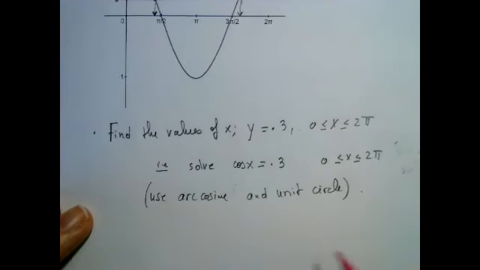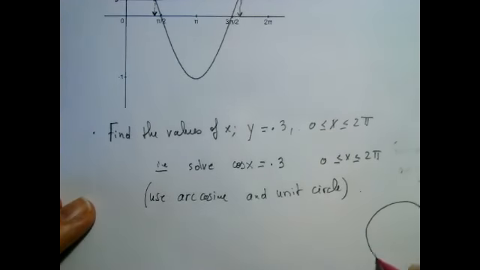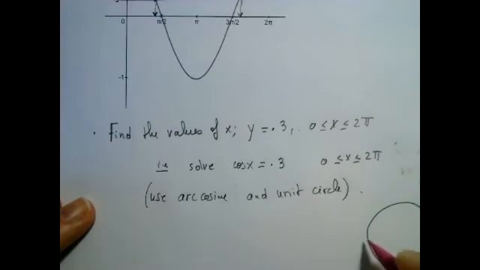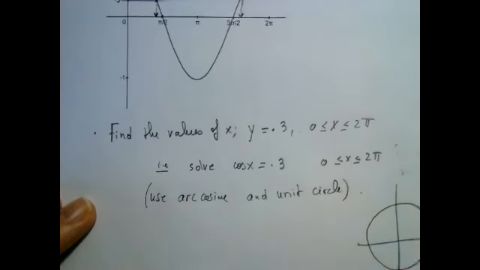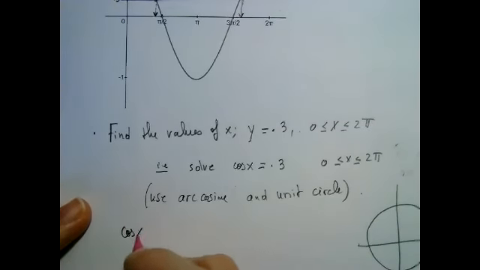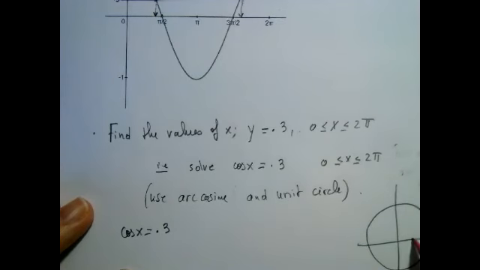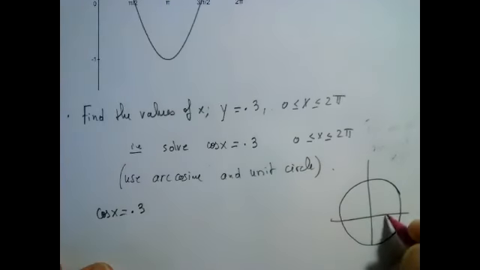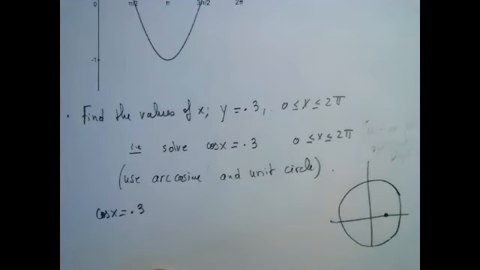Cosine x equal 0.3. So this is my unit circle. So the cosine of x equal 0.3. So remember, the cosine is the x coordinate. That's the 0.3.